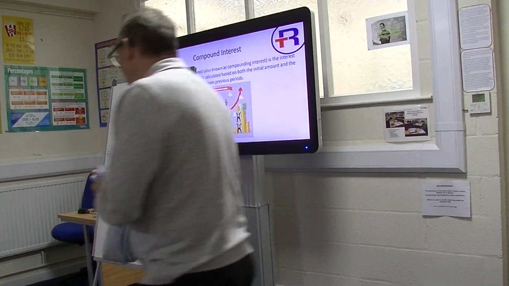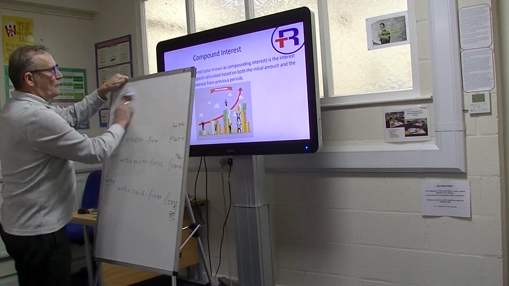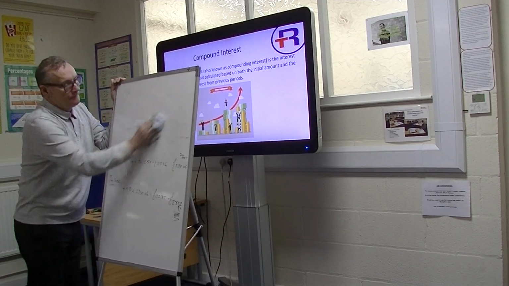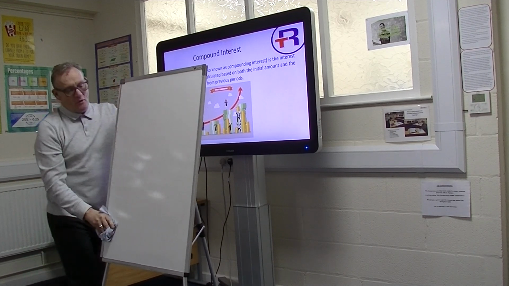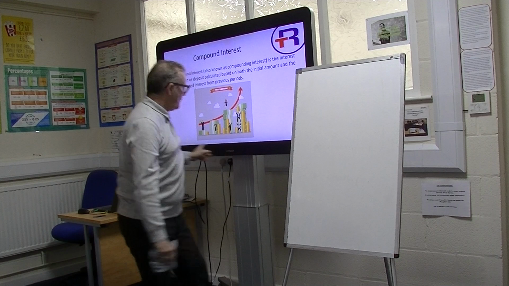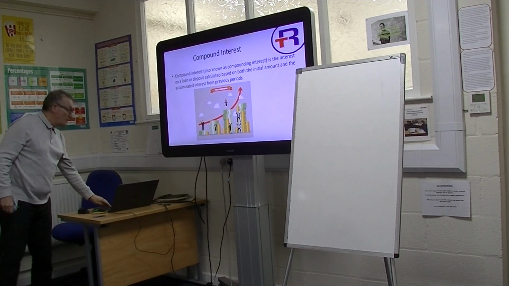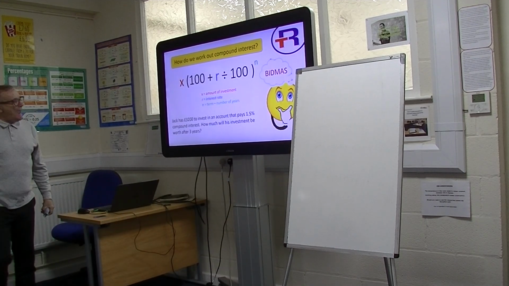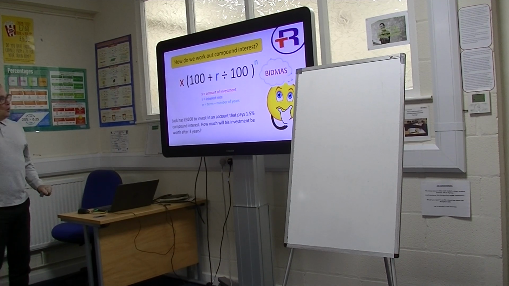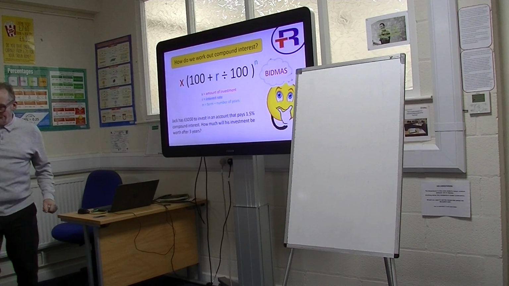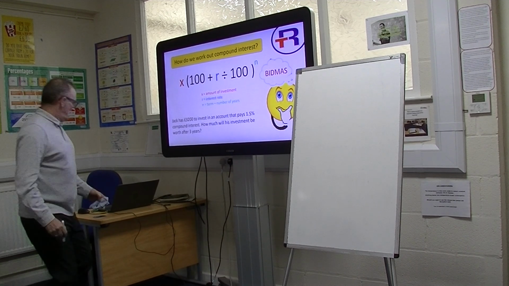But that means you've got to remember a formula. And the formula is this. I'll put it up on the screen. That's the formula: X bracket 100 plus R divided by 100, close the bracket, to the power N. That's your formula.